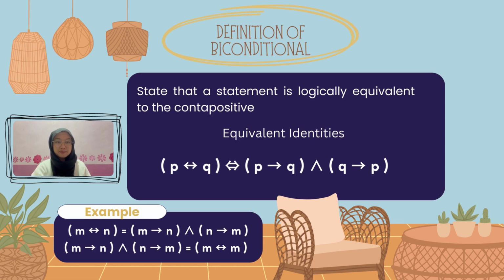So the example is (M is equivalent to N) is equal to (M implies N) and (N implies M). Then (M implies N) and (N implies M) equals M is equivalent to N.